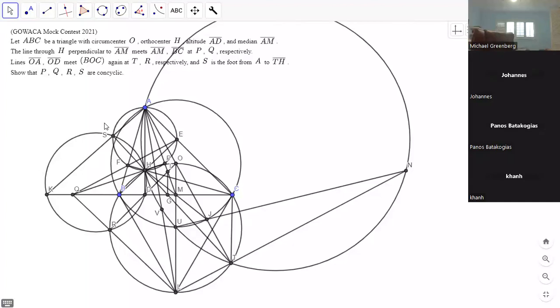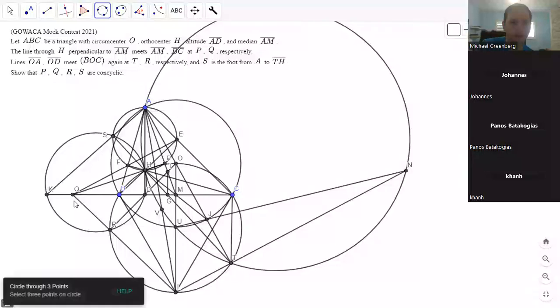But we haven't proven anything about S. So how do you want to restate the problem? Exactly. You can delete point S because we can see that HS times HG is equal to HA times HD, and it is equal to HP times HQ. So we have SPGQ is cyclic.